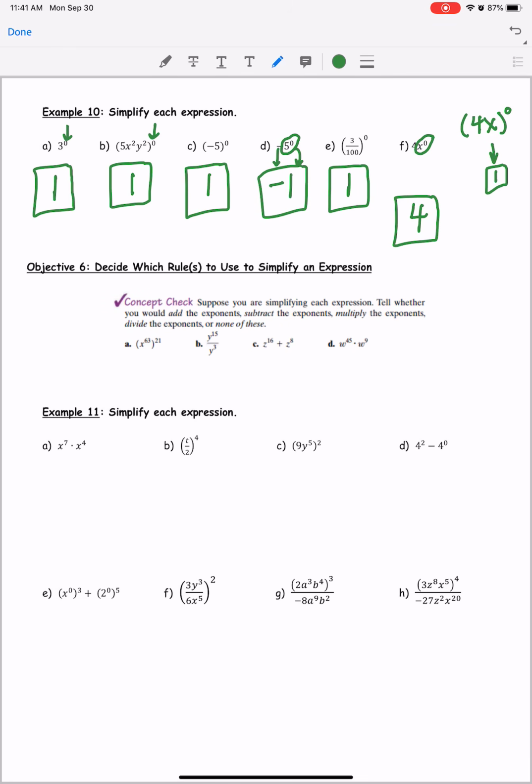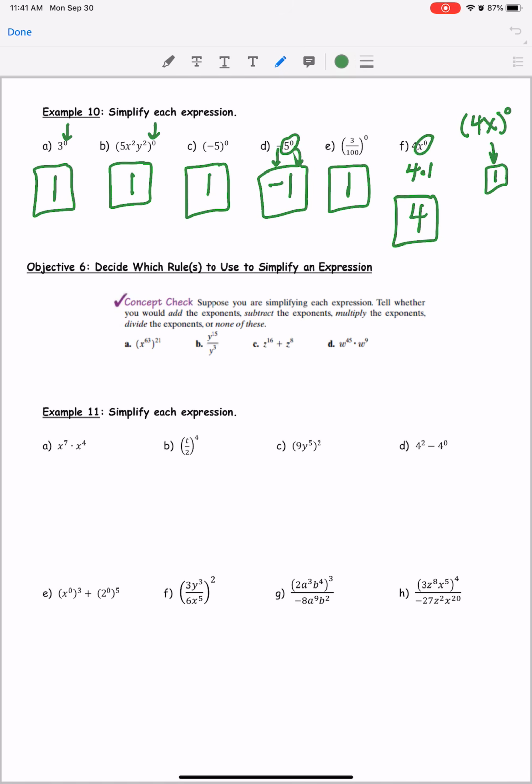But only this x to the 0 power on F is 1. So that means I have 4, bringing down that 4, times 1, x to the 0 power, and 4 times 1 is 4. So pay attention to those bases. It kind of goes back to that first page. If it's in parentheses, it includes everything. If there's not parentheses, that exponent is only to what is directly in front of that number, or that exponent.